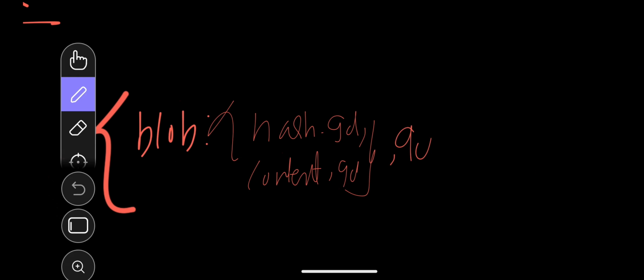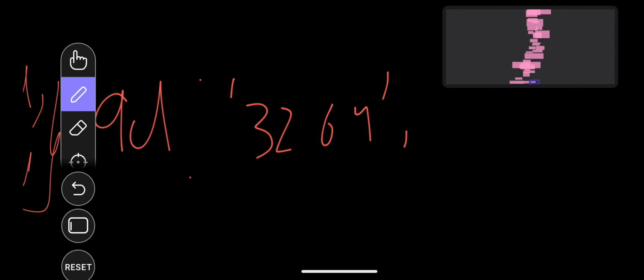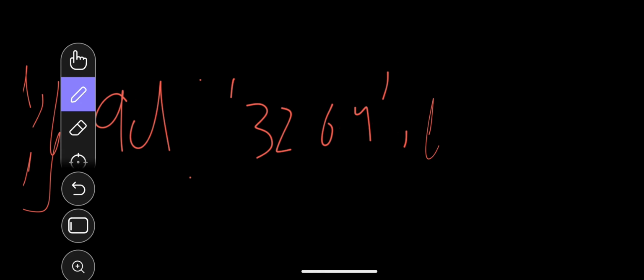Then we will have an ID. This ID can be some particular number, some unique number, like 3264, something like that. And we need to tell if it is a folder or not. So folder equals false here because it's not a folder.